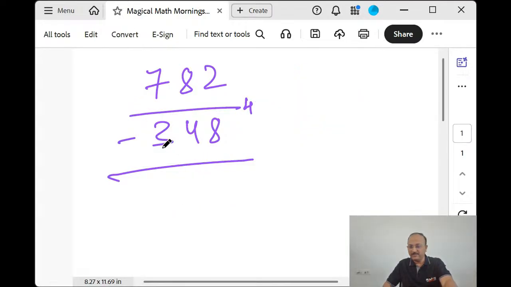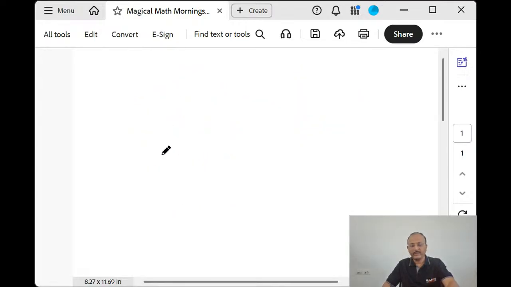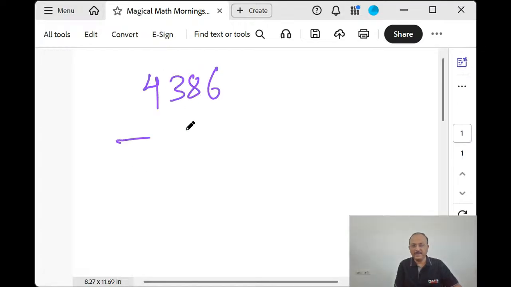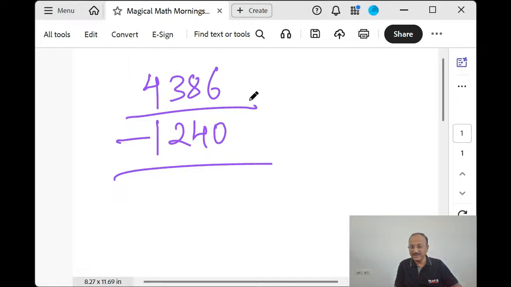Let's take a little bigger number. Maybe you want to do 4386 minus 1240. What do we consider? I will consider 1200. 1200 is the best one. Sorry, 1300. 1300 is the easiest one.